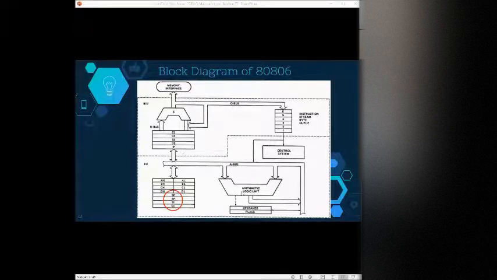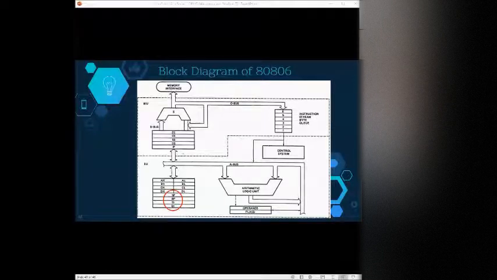We also have here, what is this one? Arithmetic logic unit. Very good. What is the function of the arithmetic logic unit? Based on the word, arithmetic.